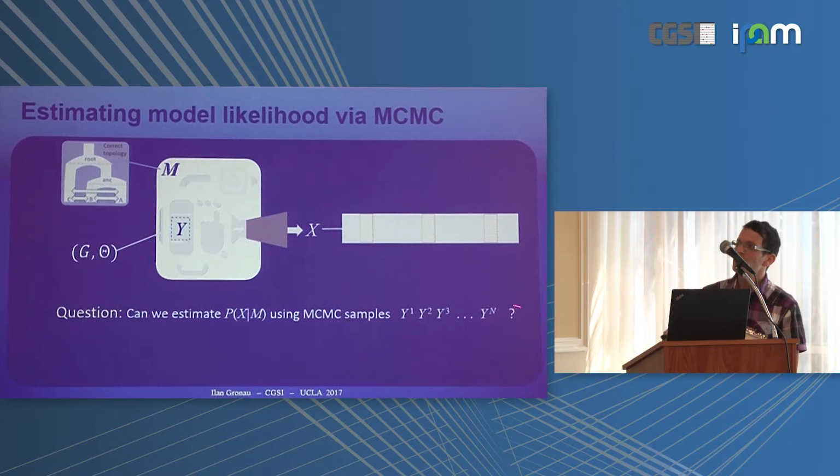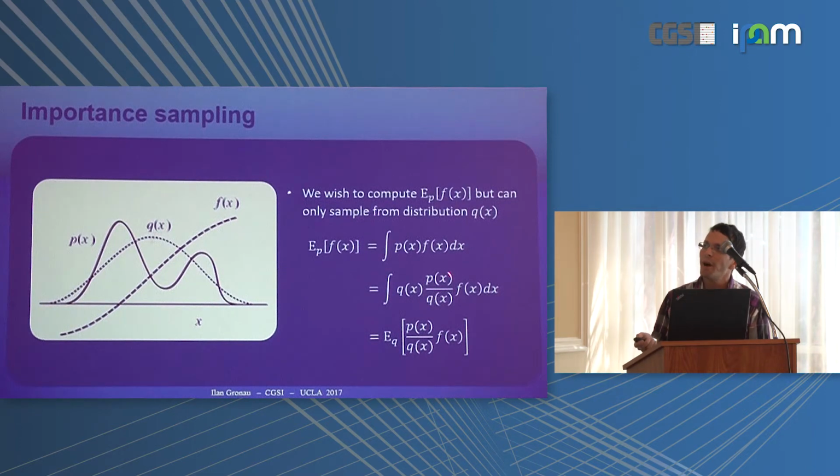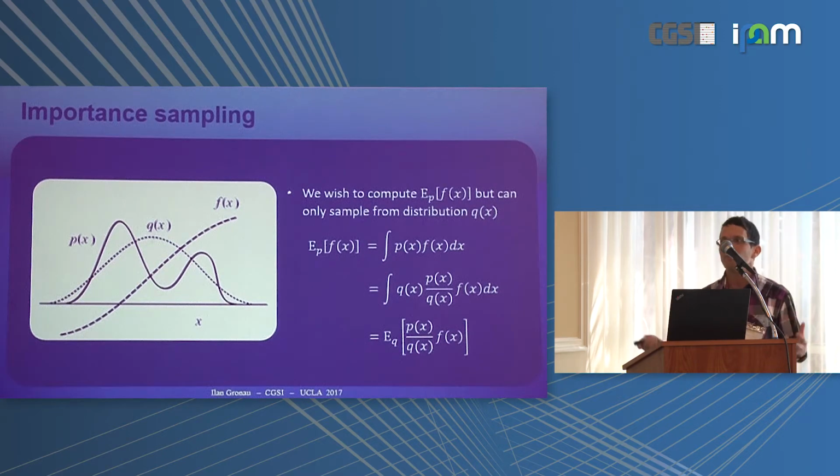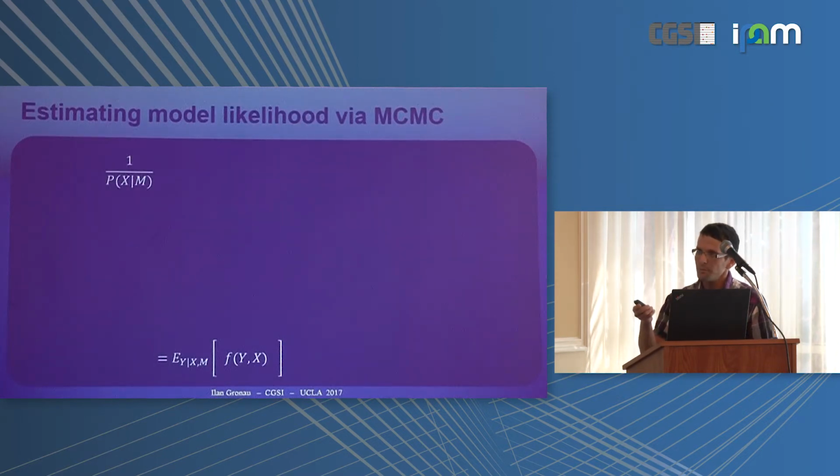So again, these y's, by virtue of using MCMC, I'm guaranteed that at some point these y's are going to be distributed at least closely to the posterior probability of y given x and m. So this is a distribution I actually have access to. In this term, that's my q. But I want to use this q to compute a more complex function that I don't have access to.